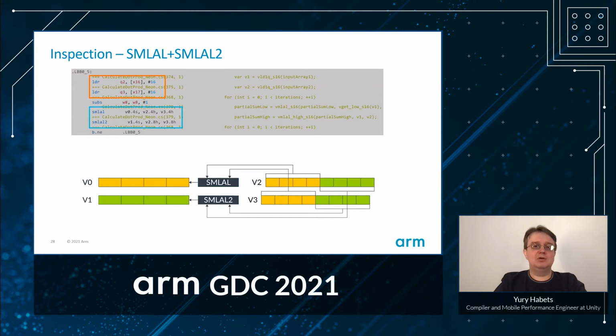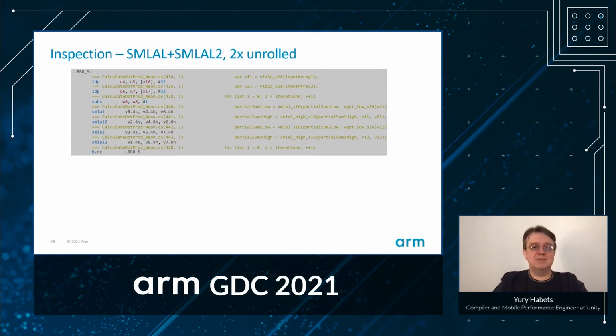However, if we load 128 bits from the input arrays, then we can use smlal2 instruction with the same V2 and V3 registers as input, but calculate the upper half of the vector. This way, we can use loaded data even more efficiently and not ignore the upper 64 bits loaded anyway.